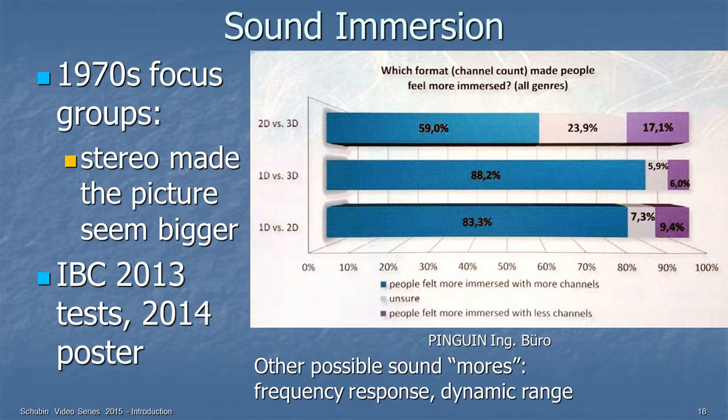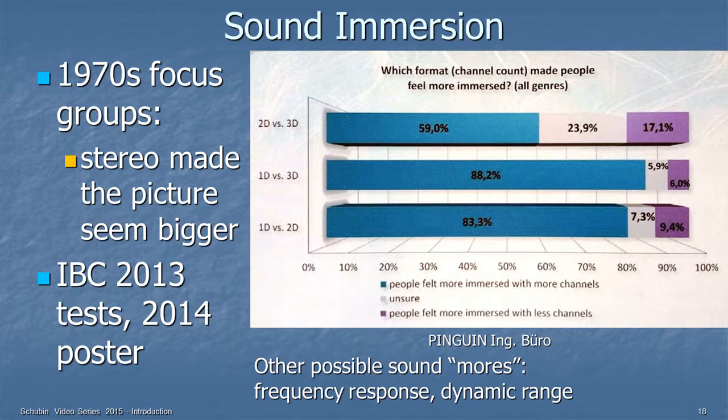This is going from two-dimensional sound to three-dimensional sound. So we've already made a significant jump from one-dimensional to two-dimensional. And now it's a much smaller majority that feels that the three-dimensional sound was more immersive, and it's a much larger minority that felt that the two-dimensional sound might even be more immersive than the three-dimensional sound.